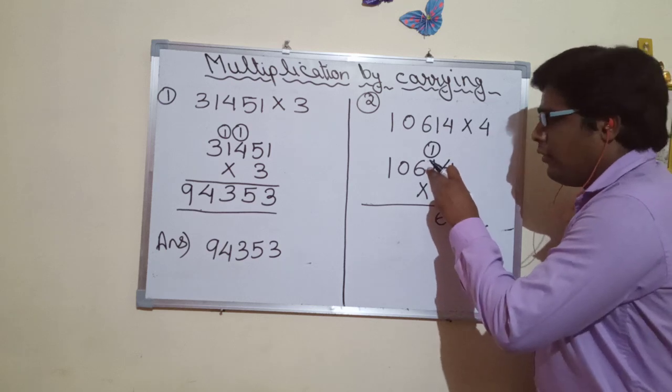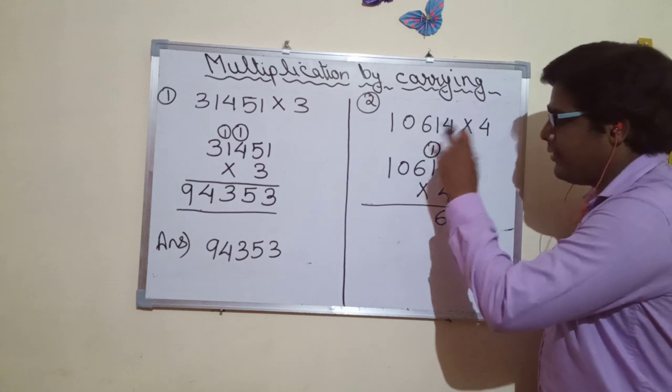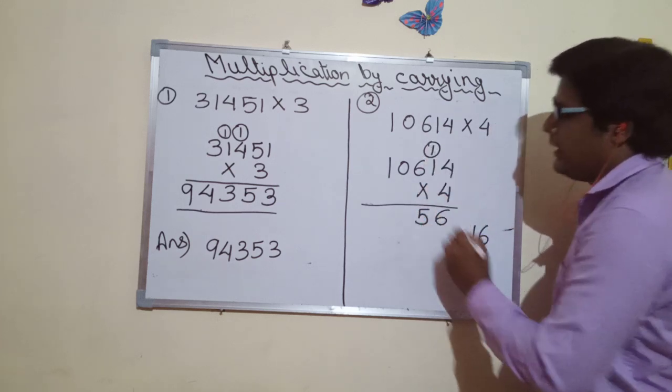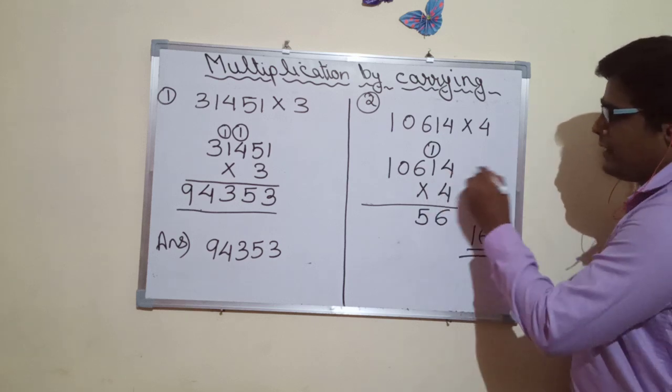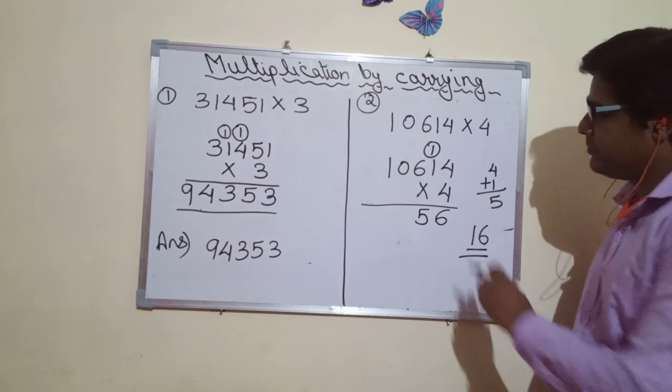4 ones are 4. With this 4 you will add this 1 which is carried over. So 4 plus 1, you will get 5.